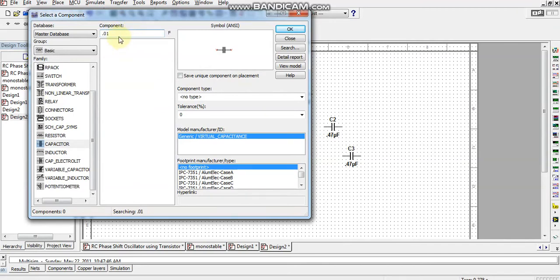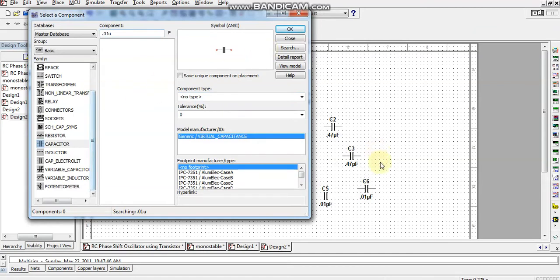You can type it, or if you just select this capacitor, you get all the values. I've written 0.01 microfarad. This I want three numbers. You can even copy and paste it.